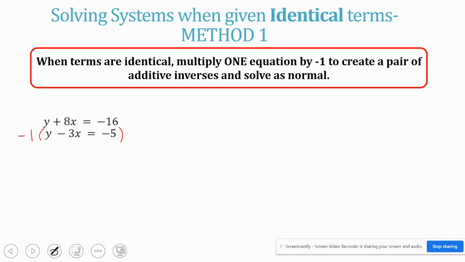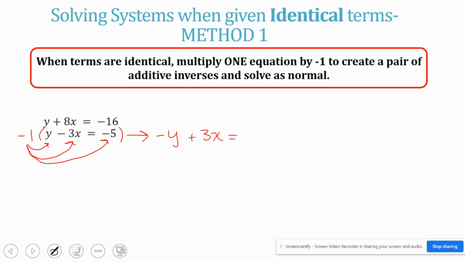And I'm going to put my -1 on the outside, and I'm going to distribute it to every term, including this -5. And I'm going to rewrite my new equation next to it. So -1 times y gives us -y. -1 times -3x, negative times a negative is a positive 3x.